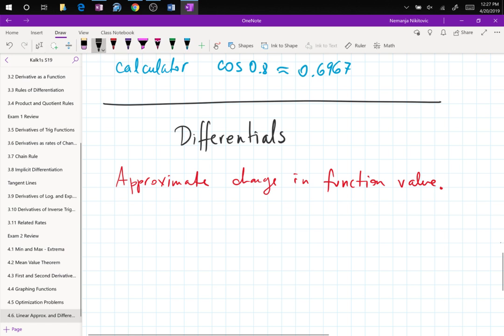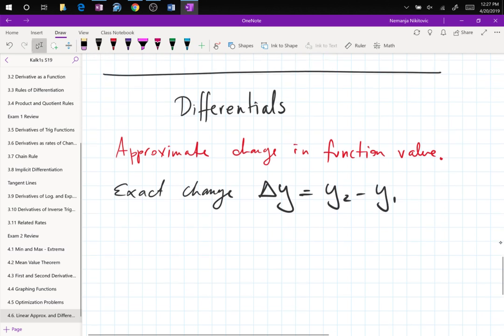So, what is the exact change? It will be delta y, which is y2 minus y1.